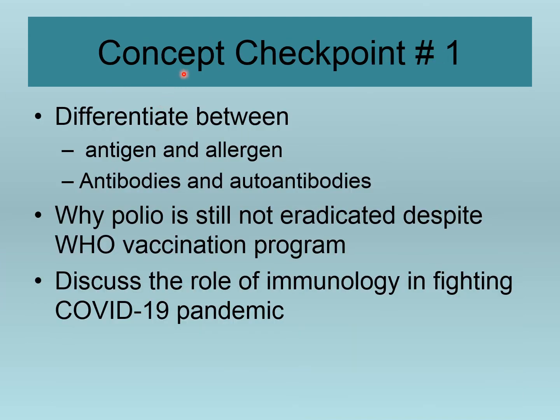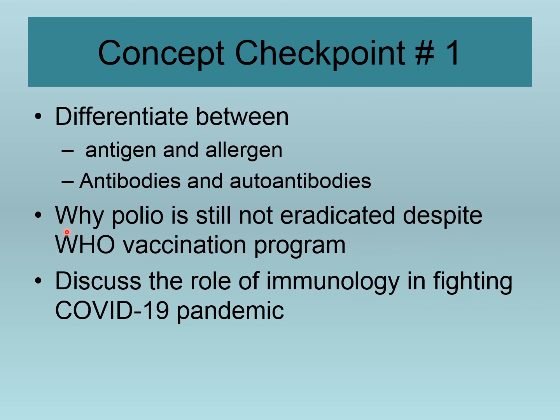So students, it's time for our first concept checkpoint. First question is you have to differentiate between an antigen and an allergen. Please write one example for each. And second, you have to differentiate between antibodies and autoantibodies. Again, you have to give one example.